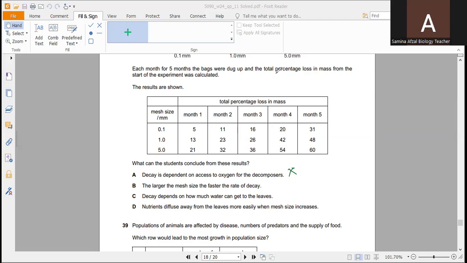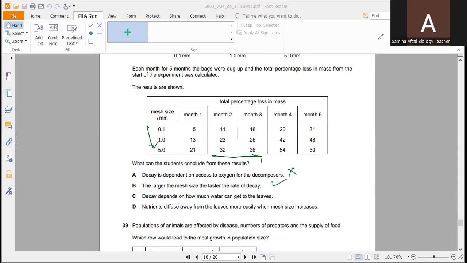The different bags show decay differently, so this is not the correct option. The larger the mesh size, the faster the rate of decay. Yes, you can see as the mesh size is increasing, the decaying process is also increasing. So we can say this is the correct option.